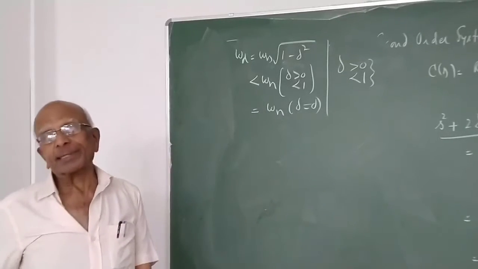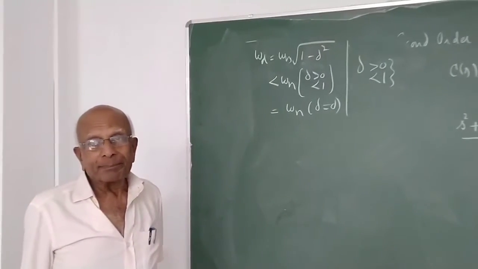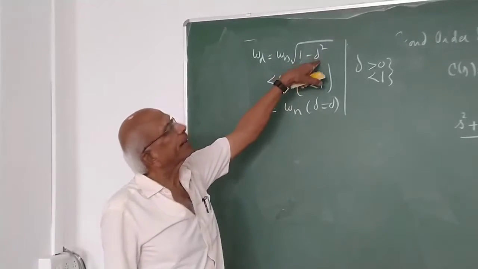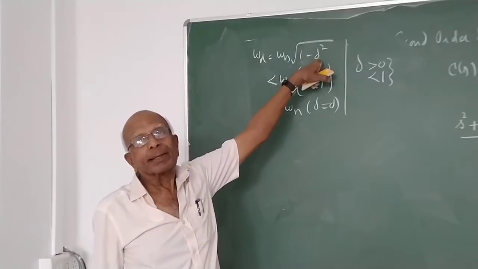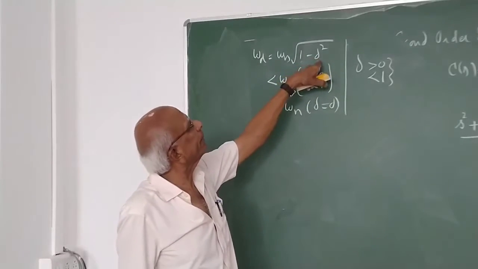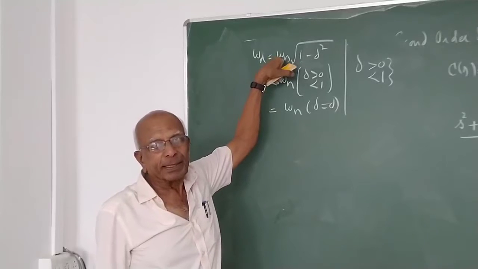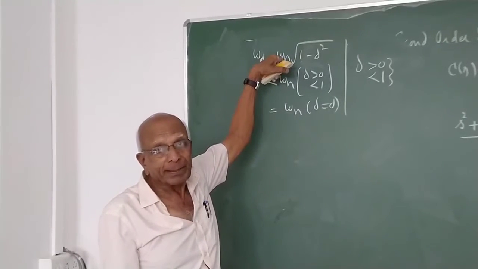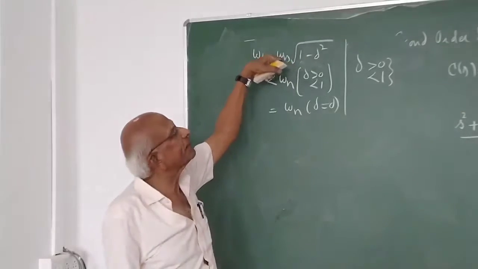By chance, by mistake, by bad luck in the design, you may get delta greater than 1. Delta equal to 1 is good for this: omega d becomes 0. That means it becomes a DC, no oscillation, useless for us. You may use it in some special case.